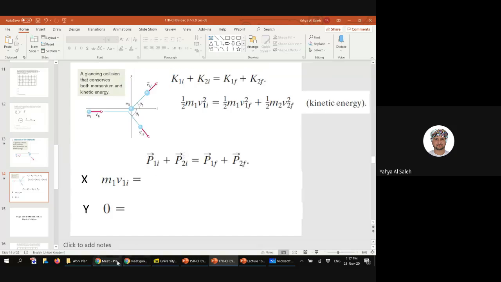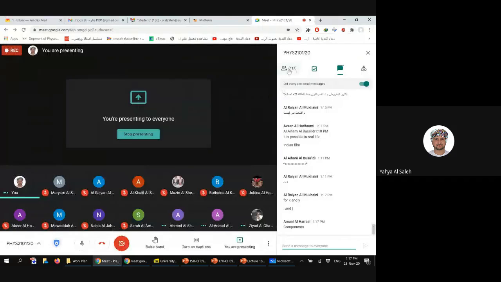Now for momentum, since it's also a vector, we do x alone, y alone; x and y never interact. So we first start with kinetic energy. The total kinetic energy before is equal to the total kinetic energy after. We do it with components.